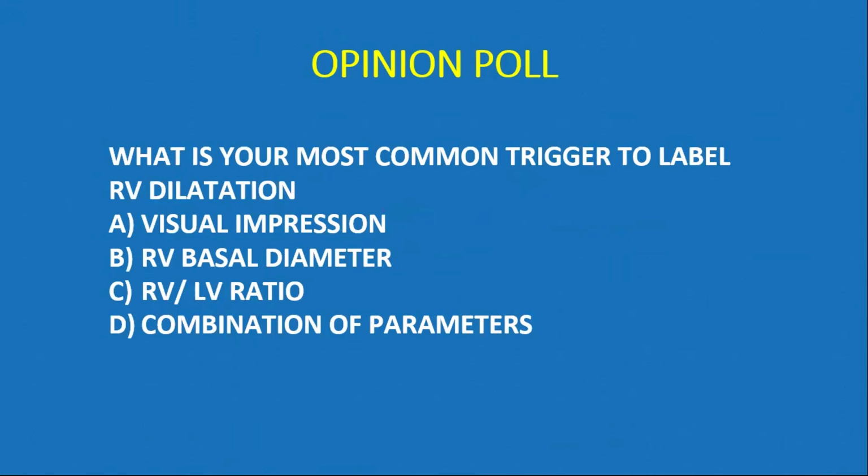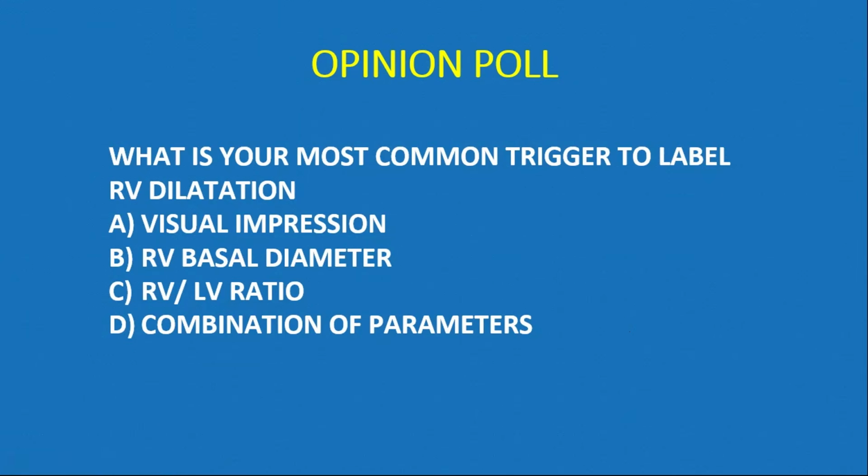So I'm just taking an opinion poll. You can send a yes or whatever, A, B, C, D. What is your most common trigger in the lab to assess when you see the RV dilatation? What is the most common thing which you use? Can you give your opinion?